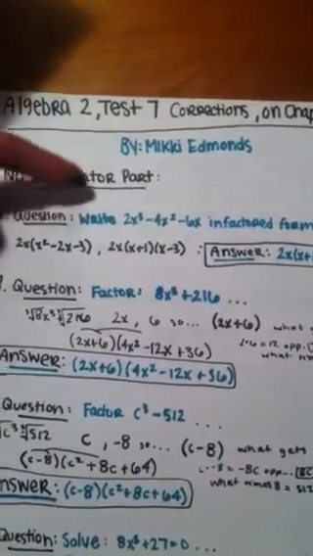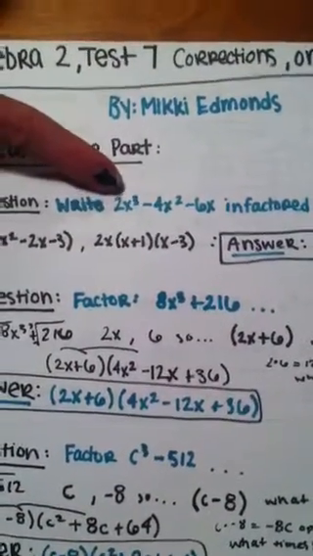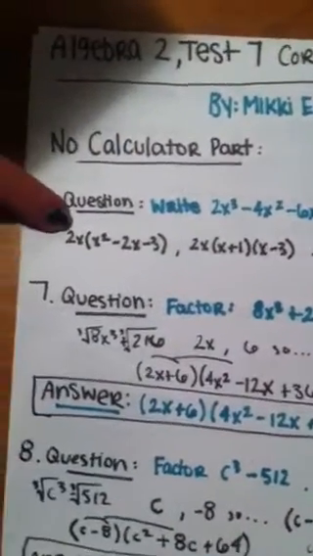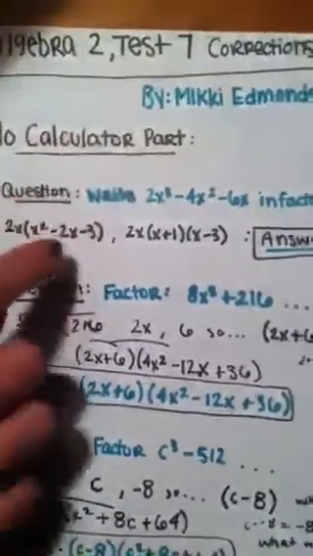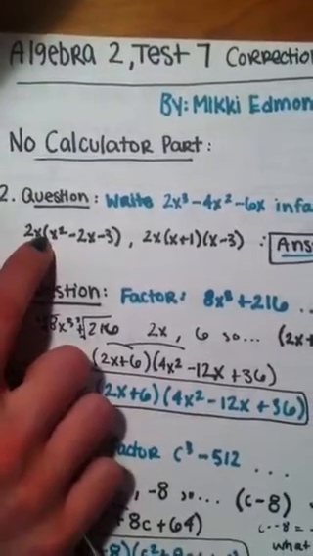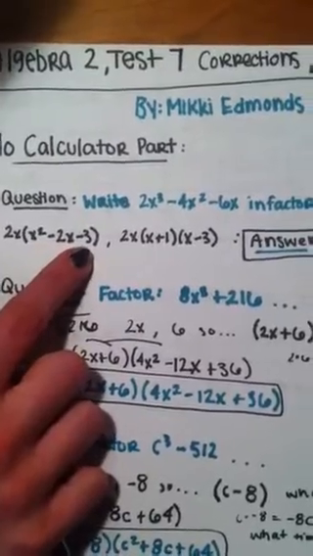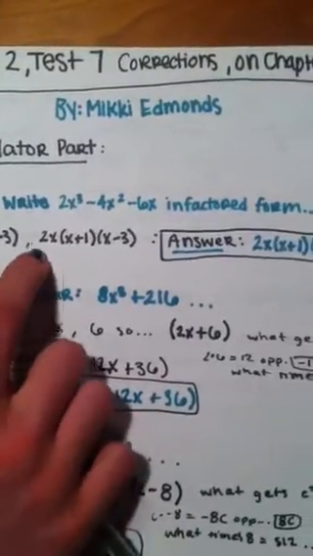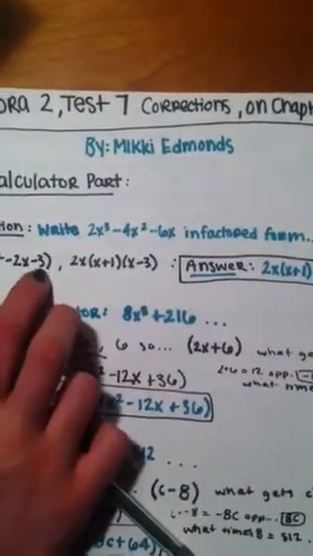So first, I had to find the greatest common factor from all these, and that was 2x. So I took 2x out of each term, and so I have 2x times the quantity of x squared minus 2x minus 3. And then I want to factor out x squared minus 2x minus 3.